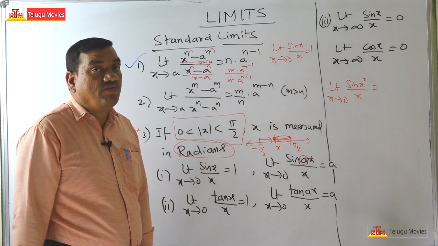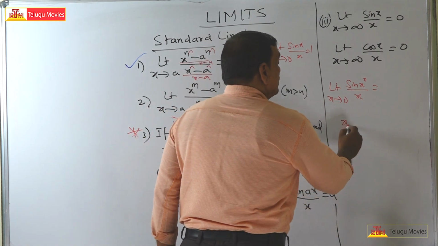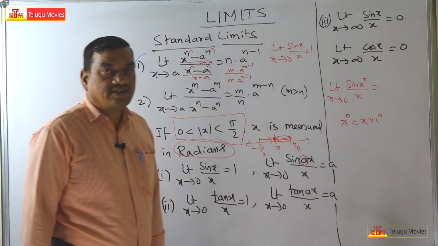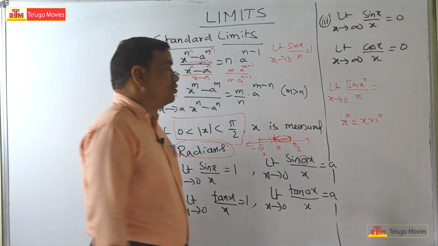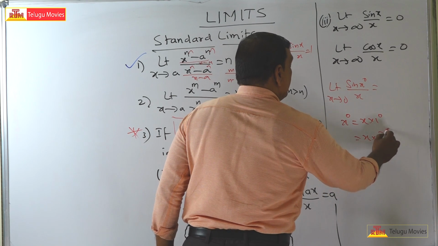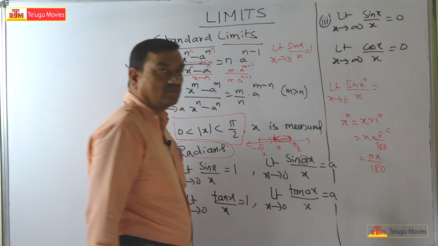Then you have to convert it into radian measure. We know that x degrees means x into 1 degree, and 1 degree means pi by 180 radians. So that is equal to pi x by 180.